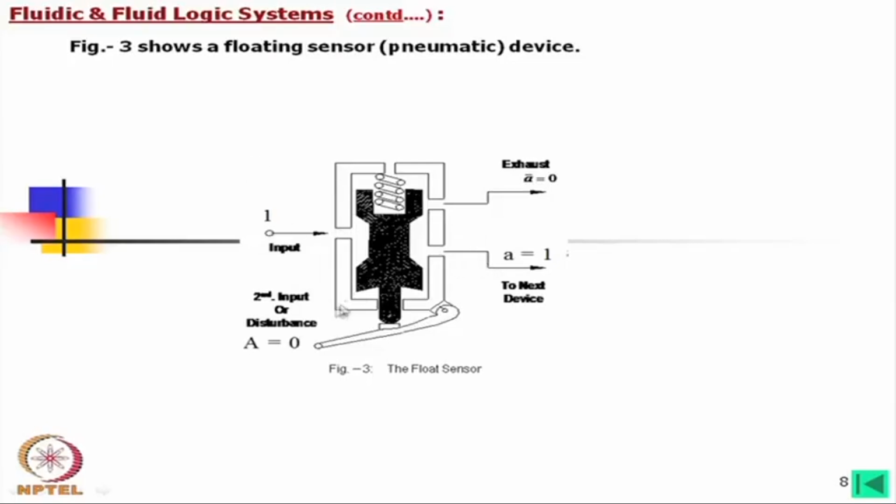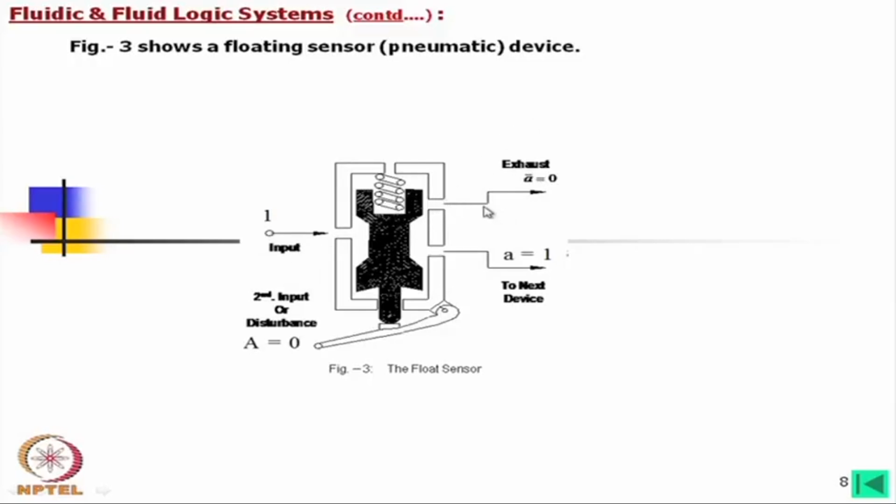In this case, the disturbance is not by a jet; we can call it a second input, where we are moving this lever. While we move this lever, this is closed and the fluid goes out to exhaust.